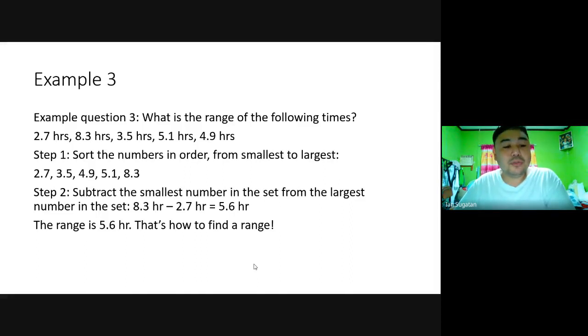Step number 2 is to subtract the smallest number in the set from the largest number. The largest number is 8.3 hours and the lowest number is 2.7. Therefore, 8.3 minus 2.7 is 5.6 hours. And the range is 5.6 hours. So that's how you find a range.